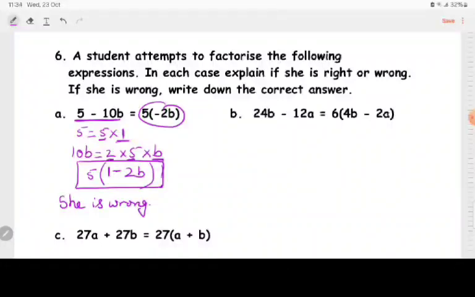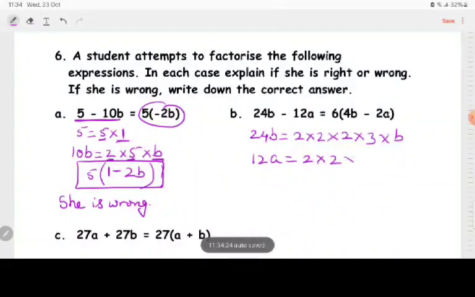Next one. Let's look at this. 24B is equal to 2 into 2 into 2 into 3. So 2 2s are 4, 4 2s are 8, 8 3s are 24. Alright, so we have 24 into B. We have 12A out here, so we have 2 into 2, 4 into 3, 12 into A. What are the common ones?